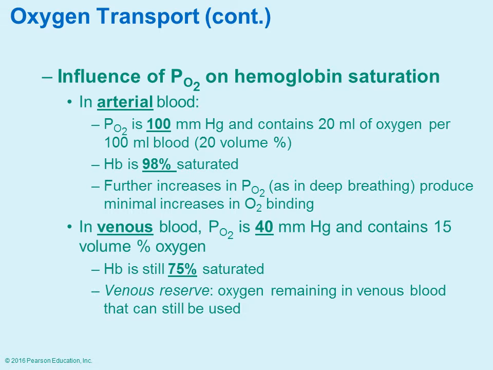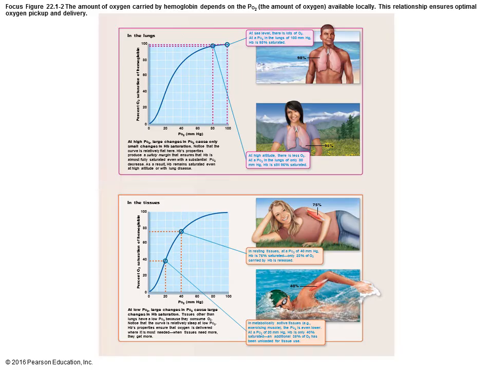So as it's saying, in arterial blood, most of the hemoglobin is about 98% saturated. And then in the veins where the blood is returning back to the heart, the hemoglobin is still about 75% saturated. So if need be, there is still oxygen attached to the hemoglobin of the red blood cells as it returns to the heart.